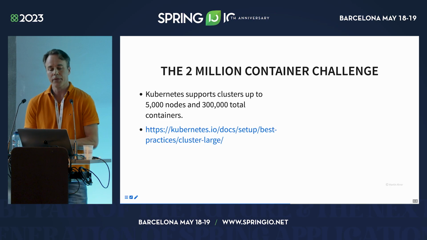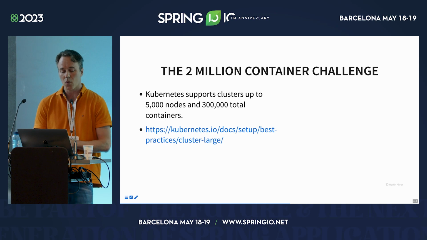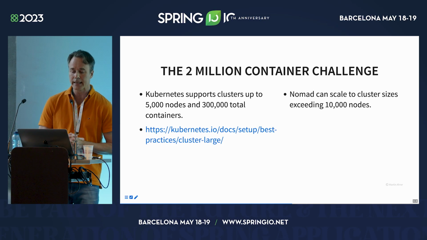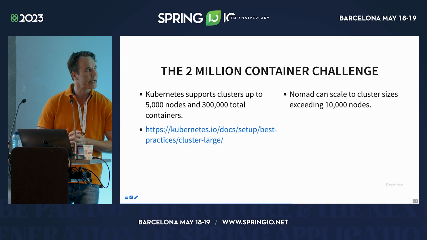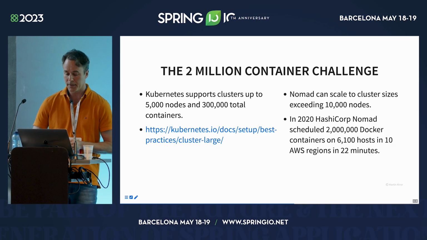They are saying they are restricted to 5,000 nodes and you can run 300,000 containers. So this is their limit. Nomad, on the other hand, can size clusters up to or exceeding 10,000 nodes. So that's already pretty big.